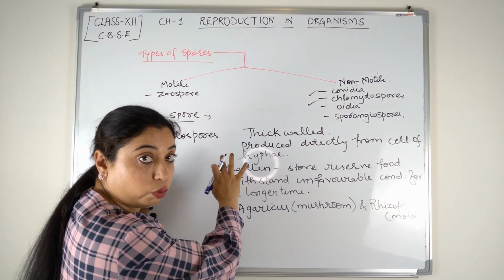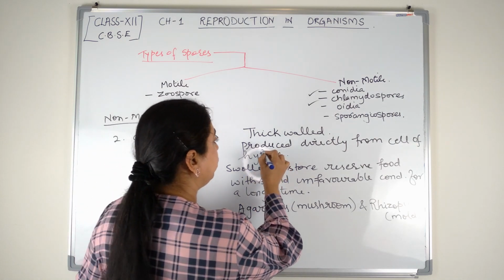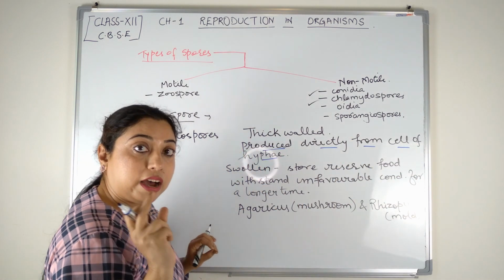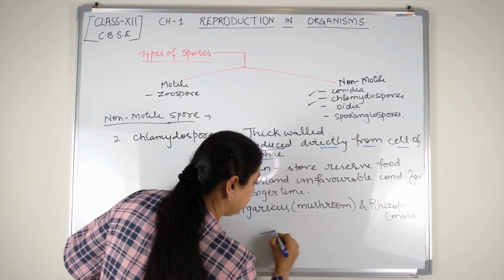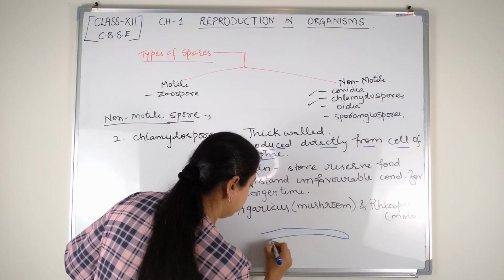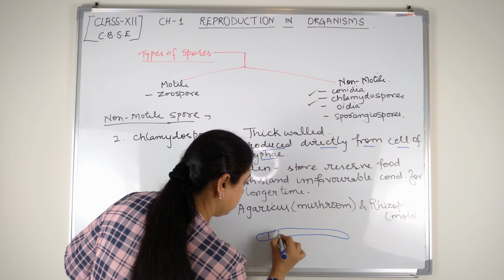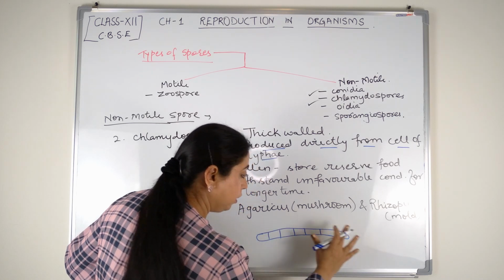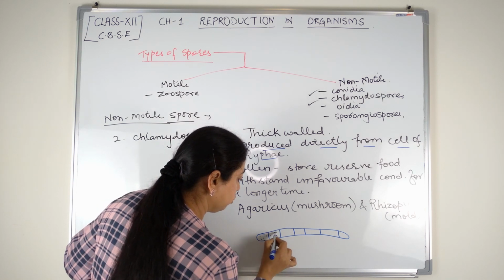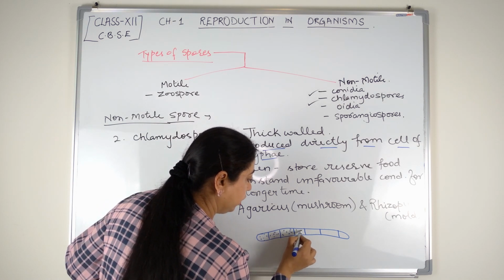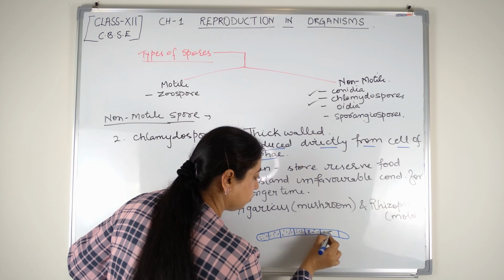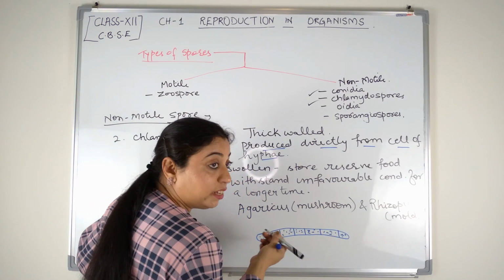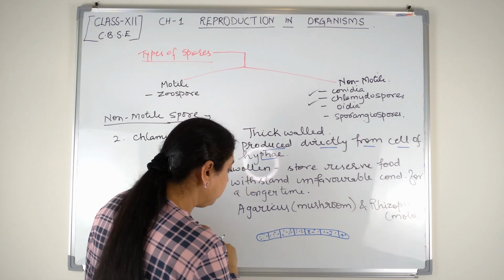See, as I've already told you, these are produced directly from a cell of the hyphae. Now what are hyphae? Hyphae are filamentous structures which have a large number of compartments, with cytoplasm in each compartment or cell, and there are single or many nuclei as well.